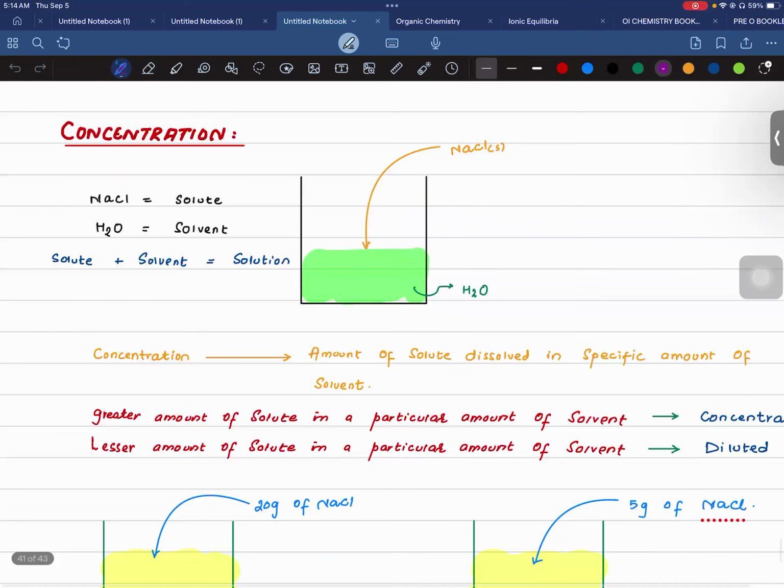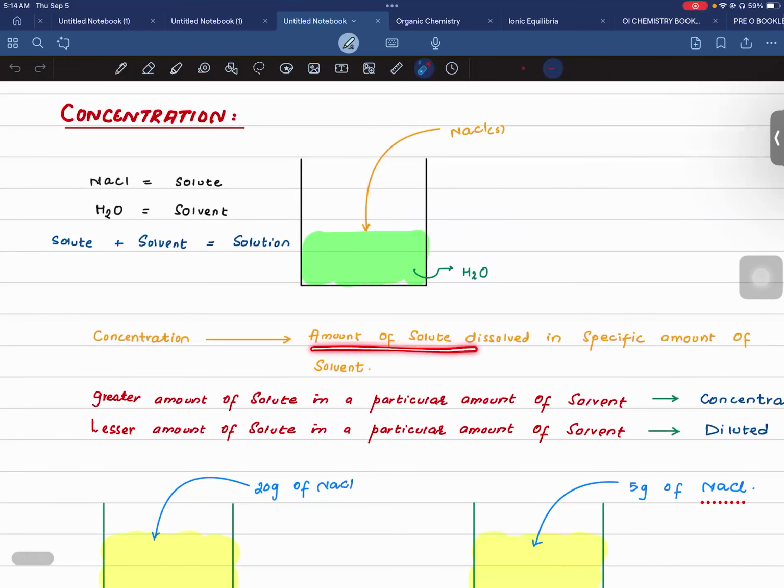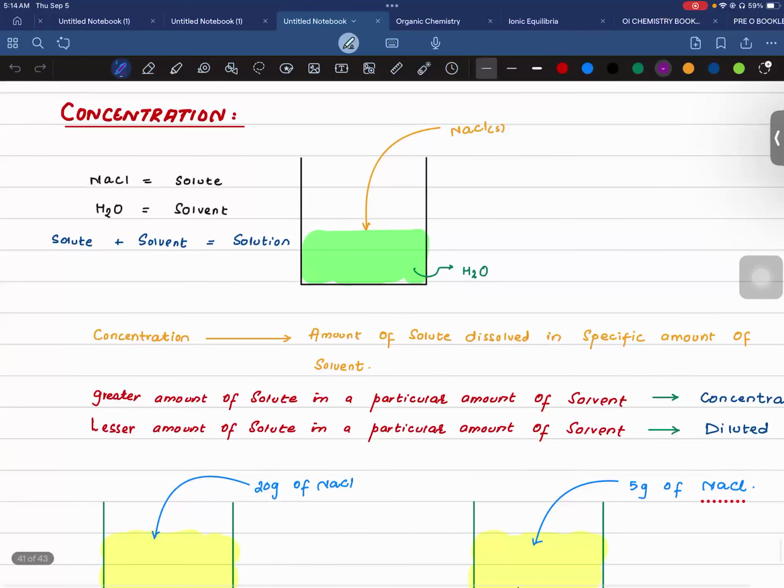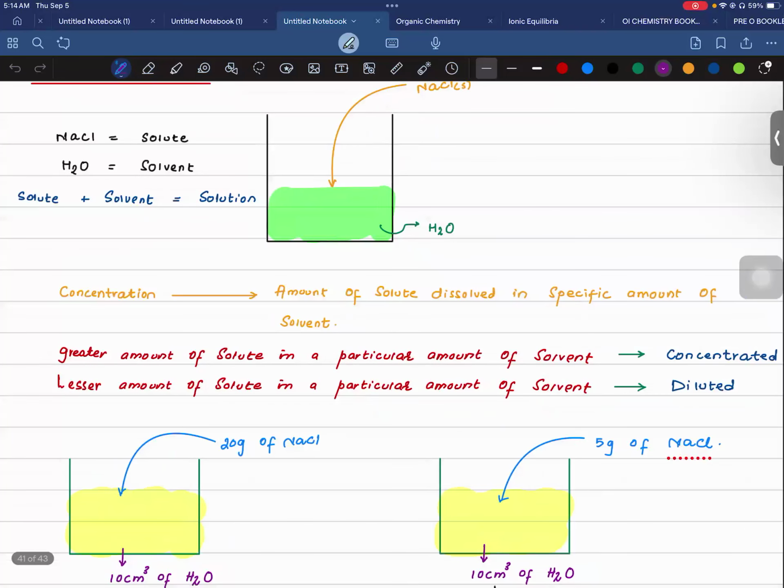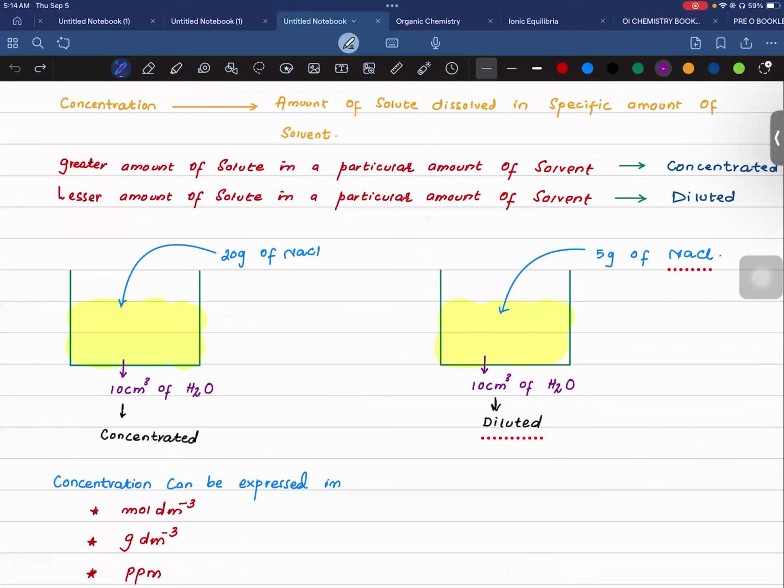So concentration means amount of solute dissolved in a specific amount of solvent. Remember, specific amount of solvent. As a comparison, let's suppose I have taken two beakers, and I have 10 cm cube of water in the first beaker.